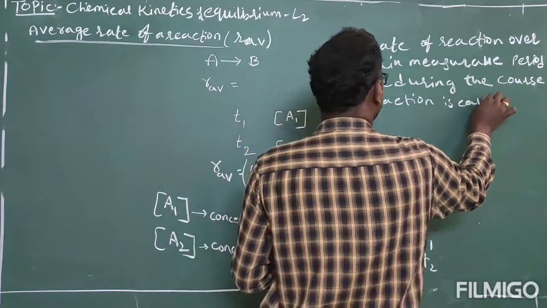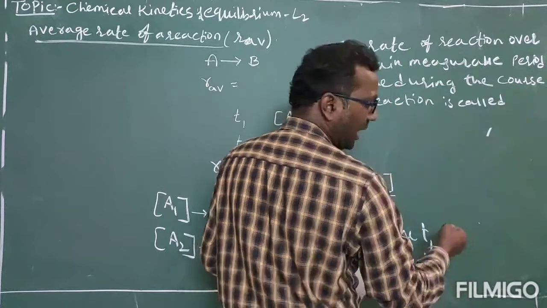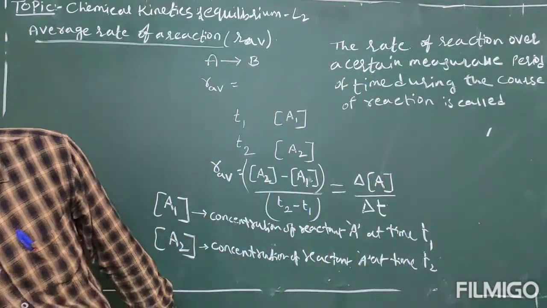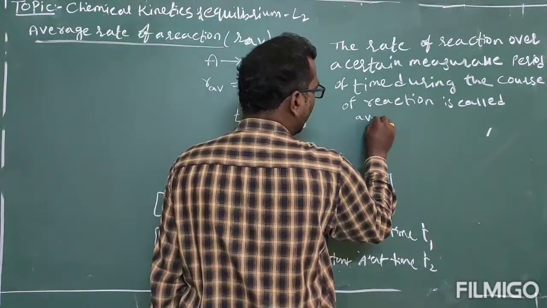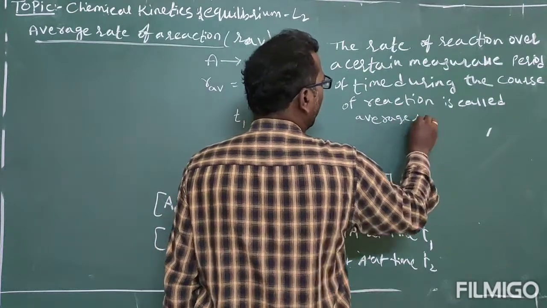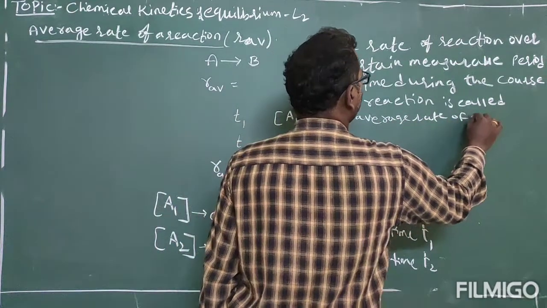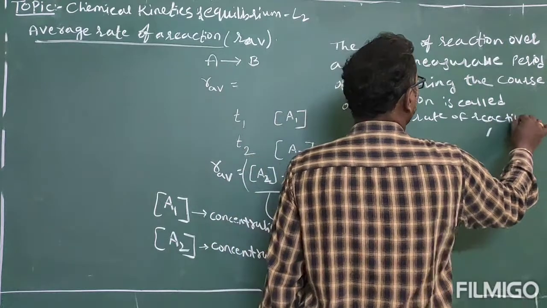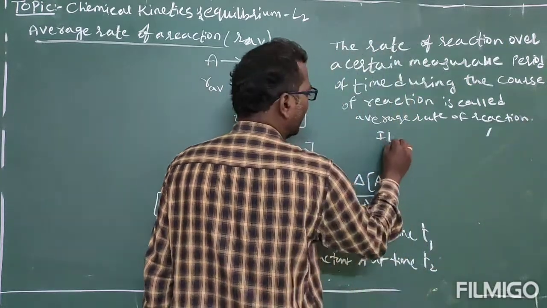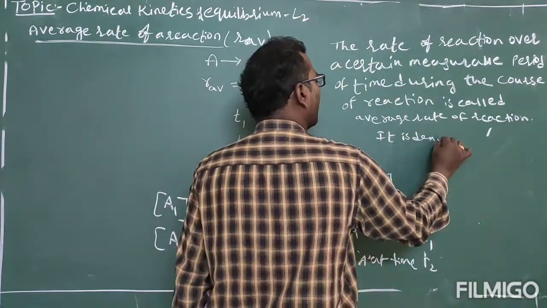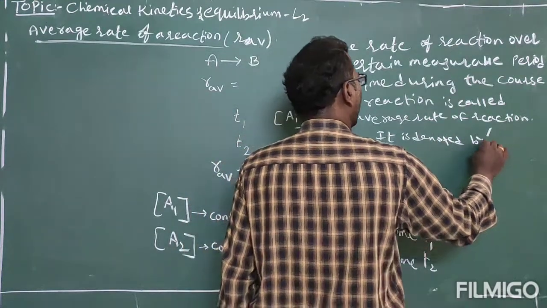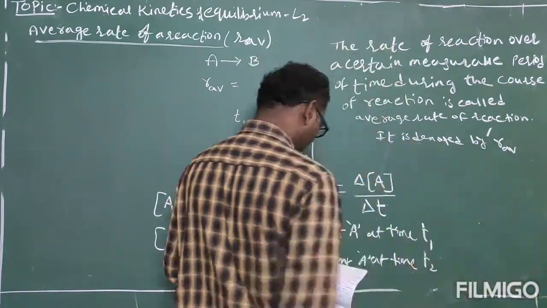is called the average rate of reaction. It is denoted by R average.